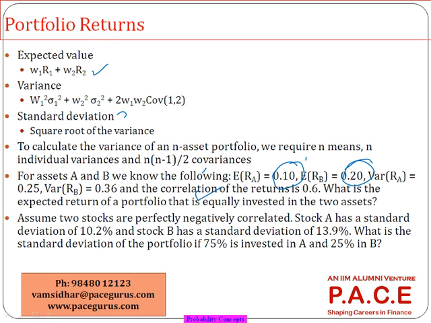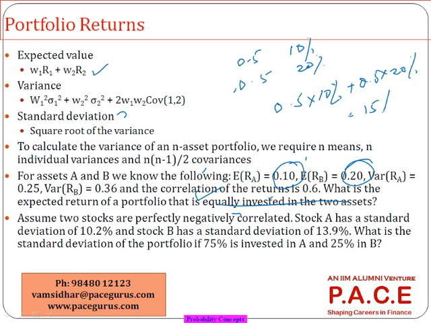What is the expected return on the portfolio, in which you are investing equal weightage in both of them? So weightages are W1 is 50%, W2 is 50%. The first one is giving a 10% return, the second one is giving a 20% return. So your portfolio return is nothing but a weighted average return, which is 0.5 into 10% plus 0.5 into 20%, which is taking your expected return to 15%.